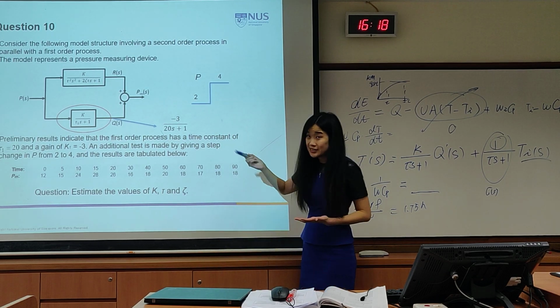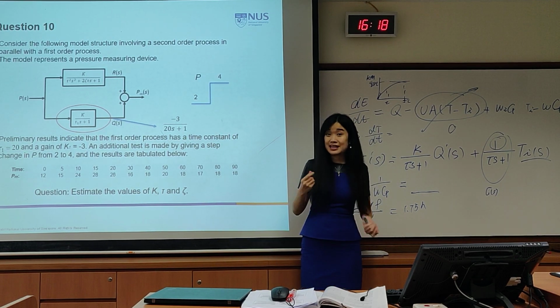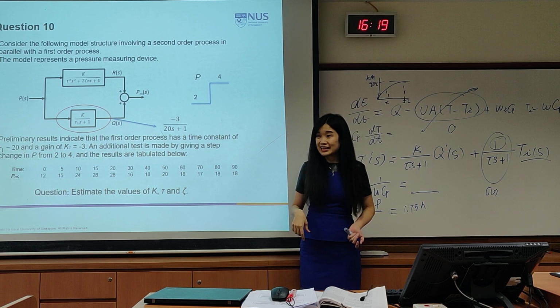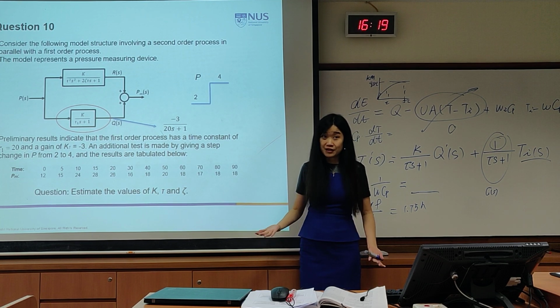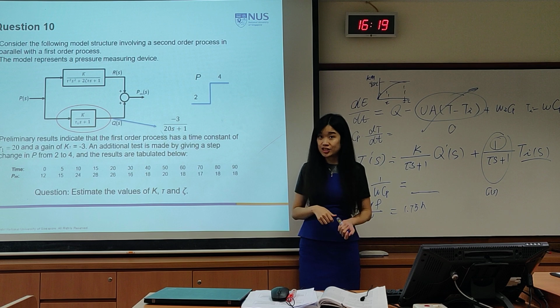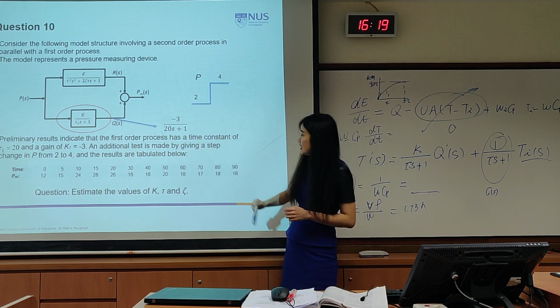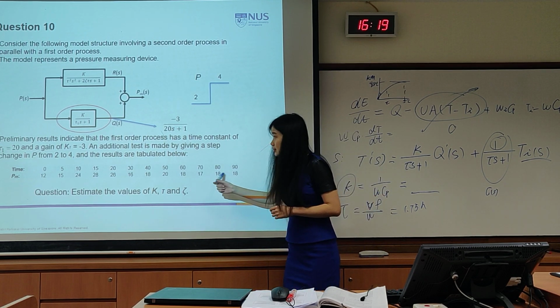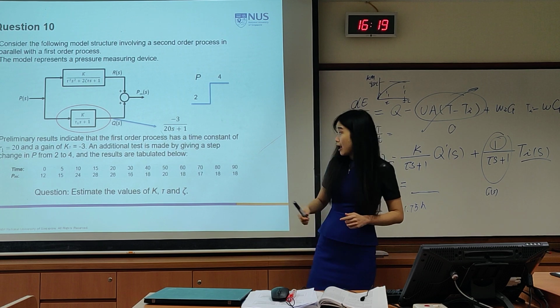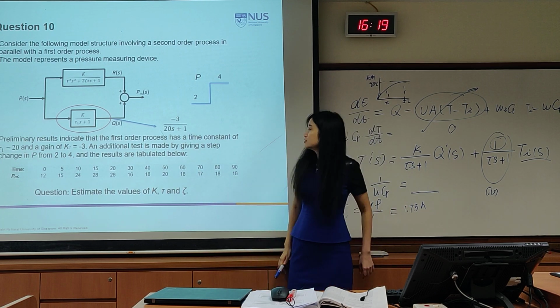When you read the question statement, you better draw the diagram or write down the conditions that are already given to you. Write down these known conditions. So this is your input P, and then this is the output response of PM over the time horizon.